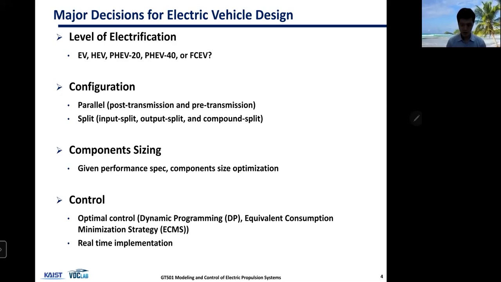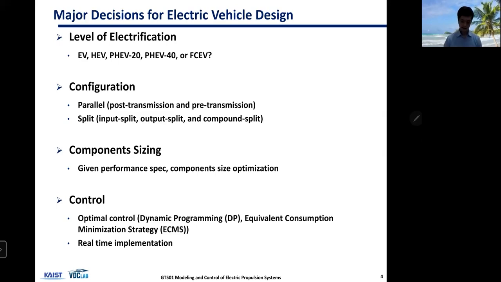And in academia, we usually look at all of these, but from this tree, control is the last part. But when you actually want to design, investigate component sizing and configuration, if you want to compare design A with design B, you need to optimize your control so that it's a fair comparison.